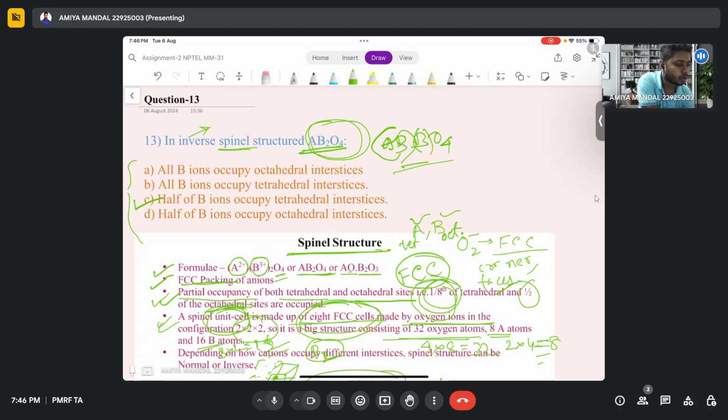Half of B ion occupies tetrahedral interstices, half of B ion occupies octahedral interstices. These two are correct. All B ions occupy tetrahedral, all B ions occupy octahedral, these two are not correct.